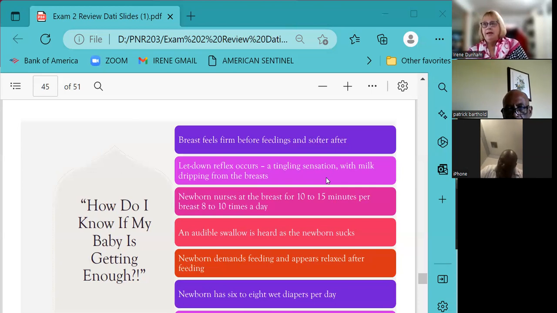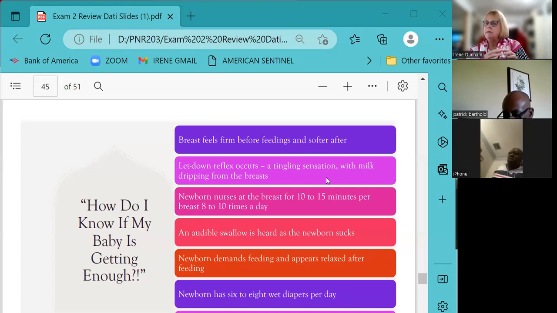Now, that letdown reflex, it occurs like a tingling sensation. Moms do feel it, and sometimes some milk will actually drip from the breast. Now, newborn nurses at the breast for 10 to 15 minutes per breast.